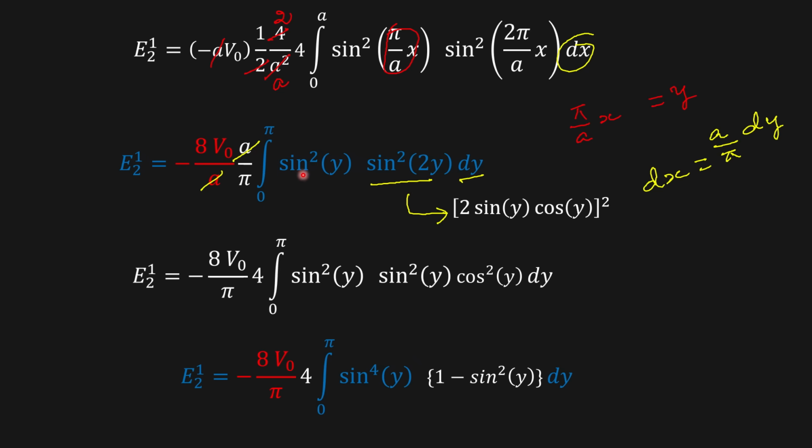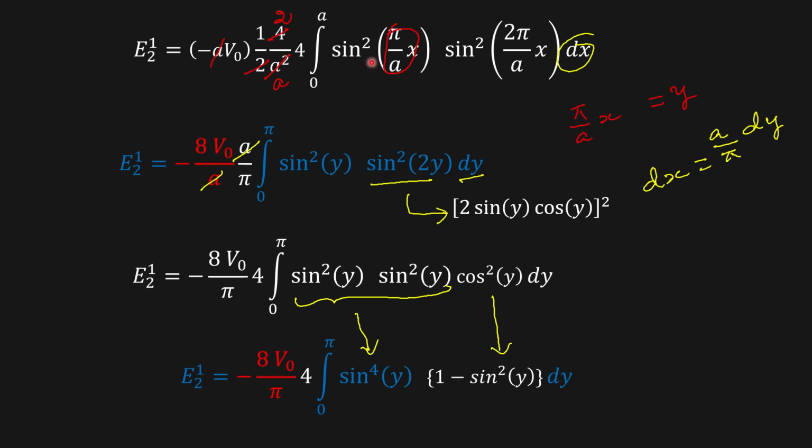Then this will become sine squared y, another sine squared y, and cos squared y. Now, sine squared y times sine squared y gives sine power 4y, and cos squared y can be written as 1 minus sine squared y, and of course we have dy.